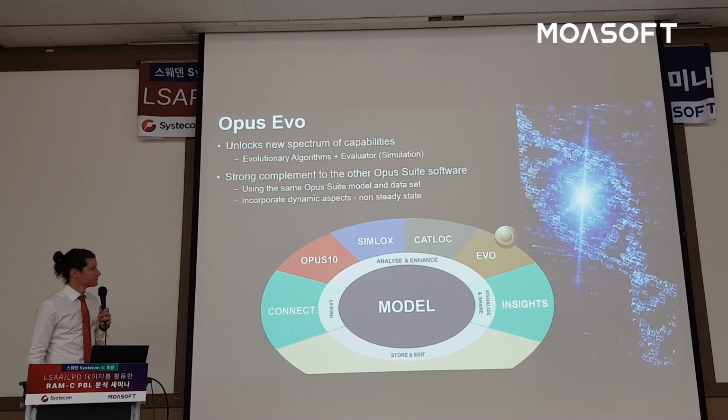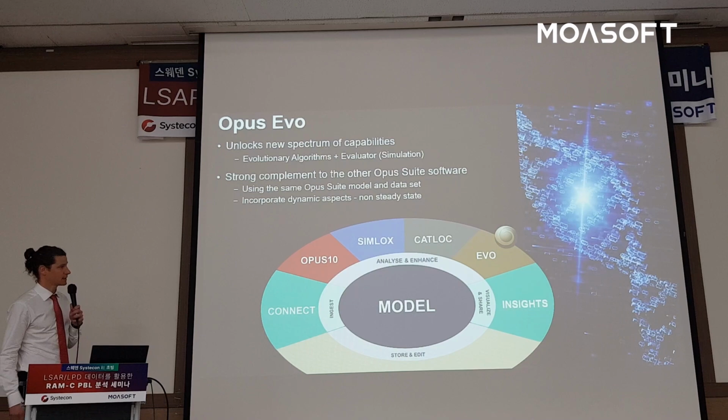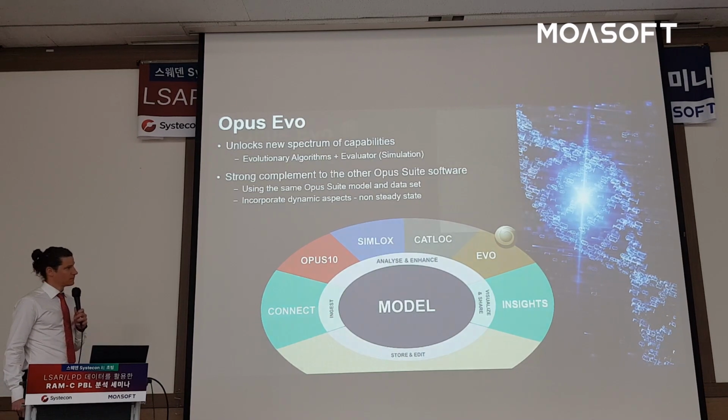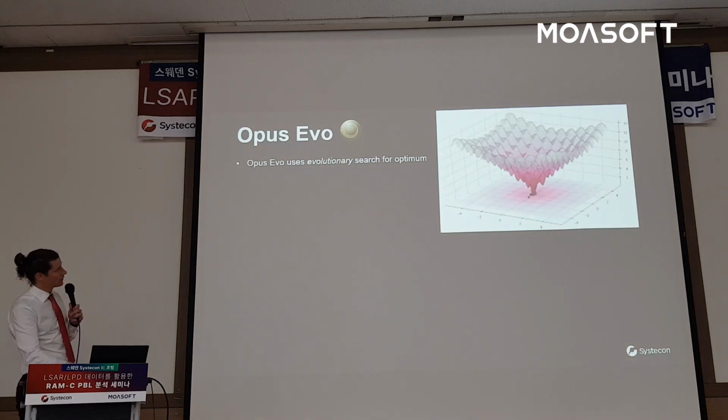But it also incorporates the dynamic aspects; I'll come back to what I mean with that in a bit. Here's another example of how an evolutionary algorithm can work, how it searches. It doesn't get stuck. This is a complex mathematical picture, but it typically shows you a lot of local minima.